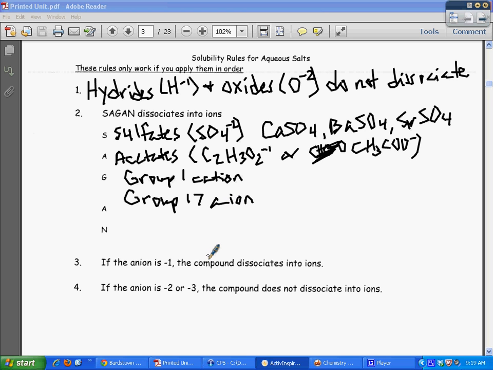Any salt containing an anion from group 17 dissociates into ions with some exceptions. And I left off that exception up there.